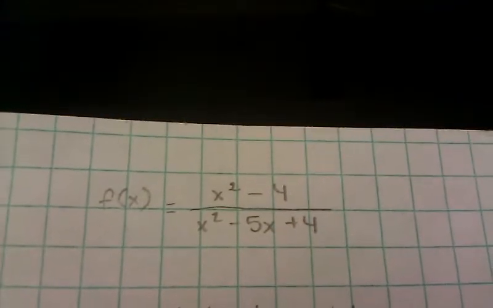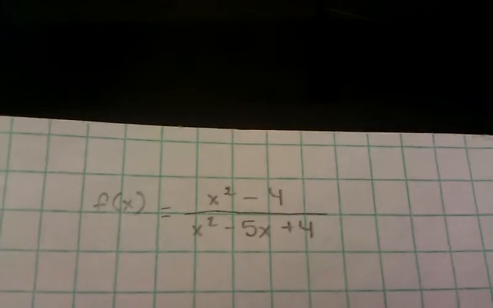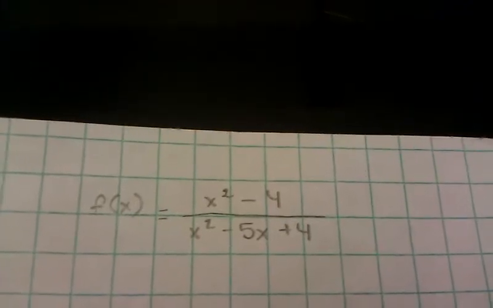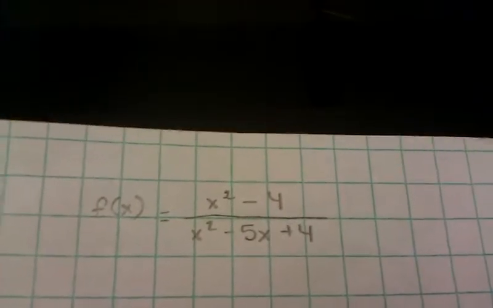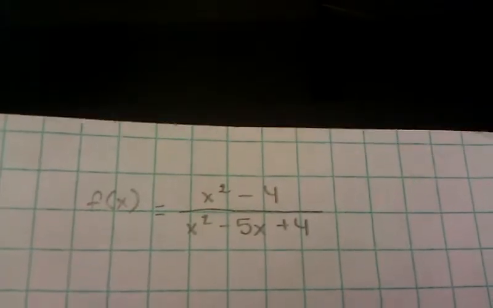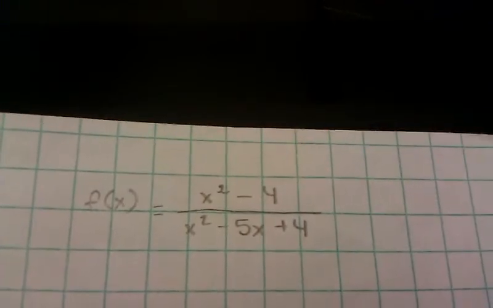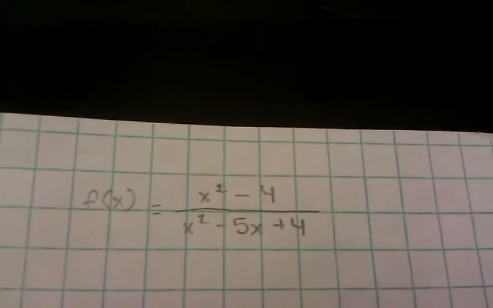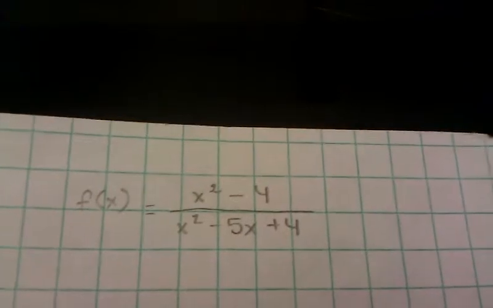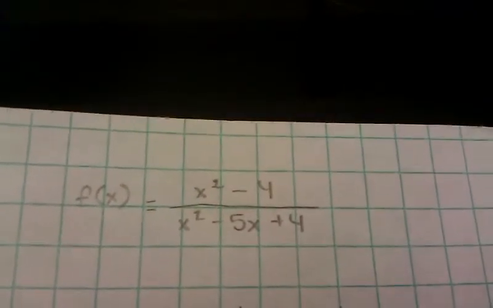As you guys remember this song from Mrs. Kirsch's class: horizontal asymptote, bigger on the bottom, equals 0. Same degree, ratio, and bigger on top is nada. For slant asymptote, 1 degree must be bigger on top, and then we need to use long division to tell where it's at.